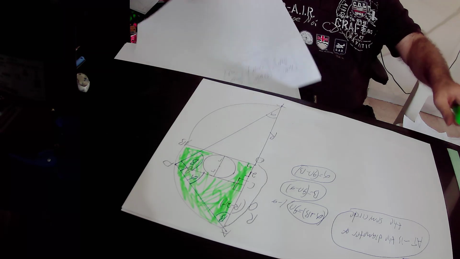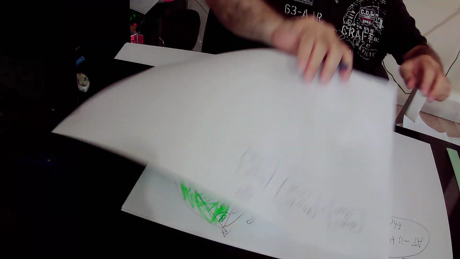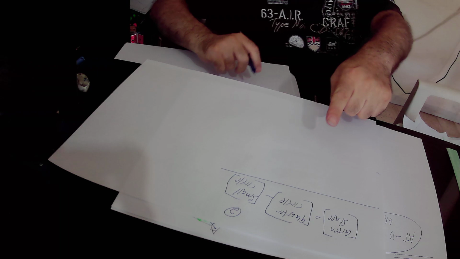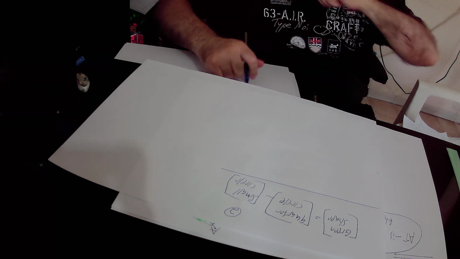Repeat again. The area of the green shape equals the area of the quarter circle minus the area of the small circle.